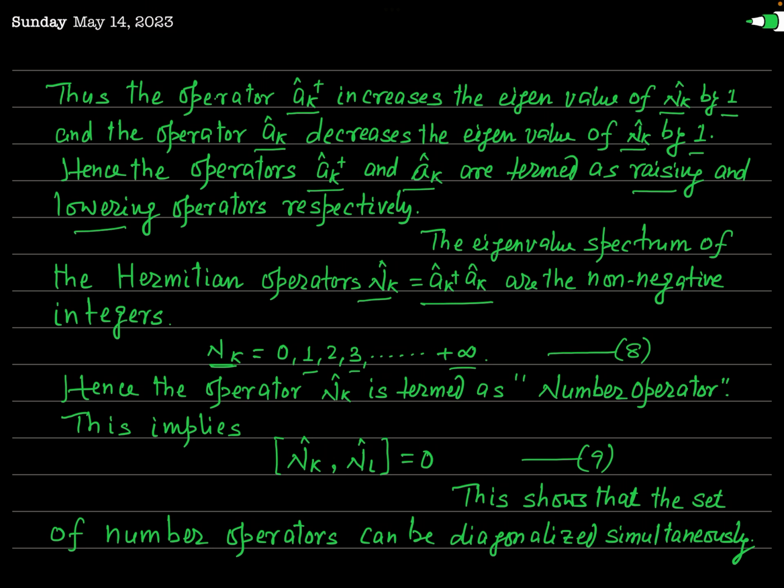As a number operator, it must satisfy the commutation relation: the commutator of nk hat and nl hat must be equal to 0. When this commutation relation holds, it shows that the set of number operators can be diagonalized simultaneously.